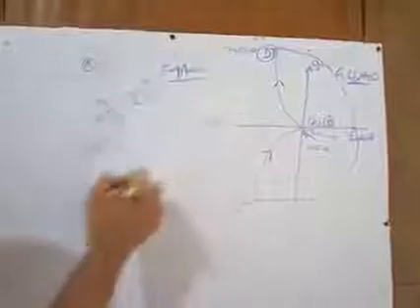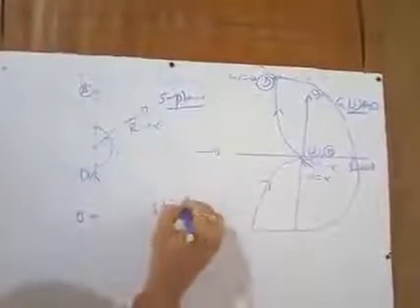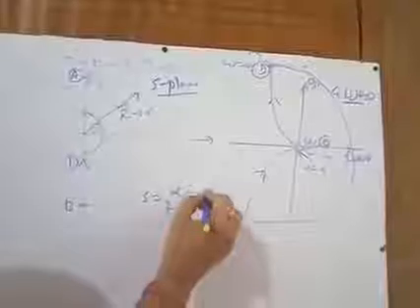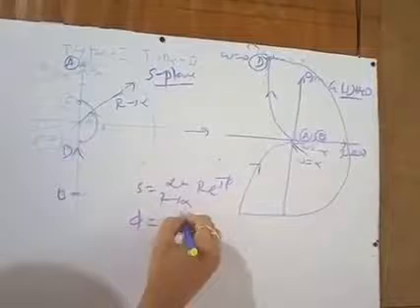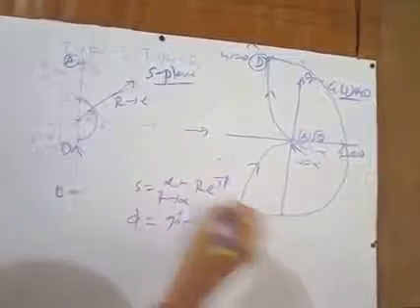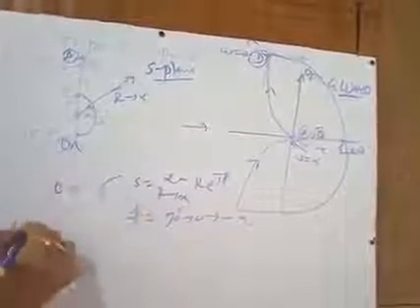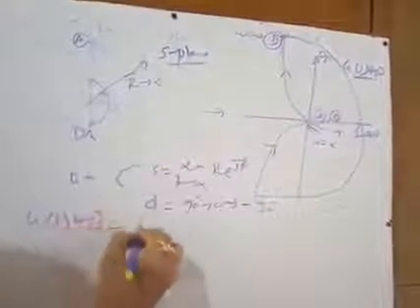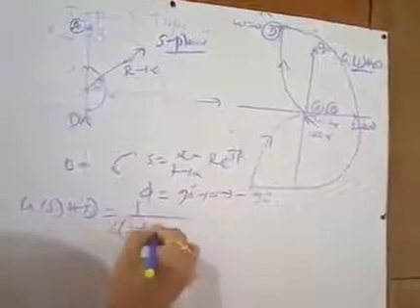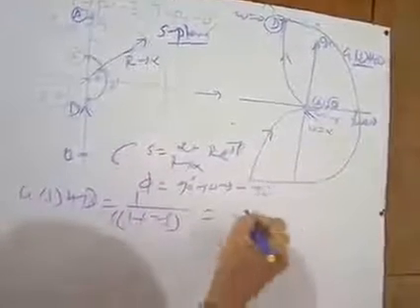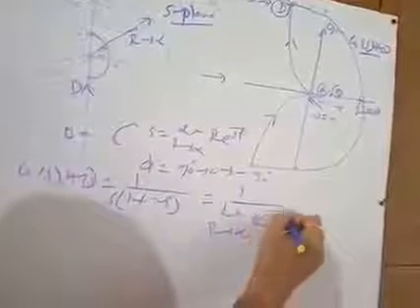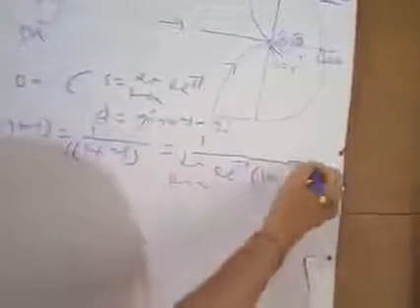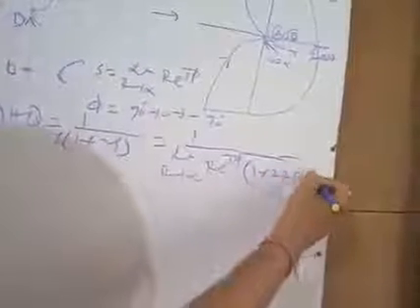And from A to B along this semicircular path, S is equal to limit r tends to infinity of r e to the power j phi, where phi varies in the clockwise direction, that means 90 degree to 0 degree to minus 90 degree. Now put the value of s in your transfer function GSHS equal to 1 by s into 1 plus 2s. If you put this value, you get limit r tends to infinity of r e to the power j phi into 1 plus 2r e to the power j phi.